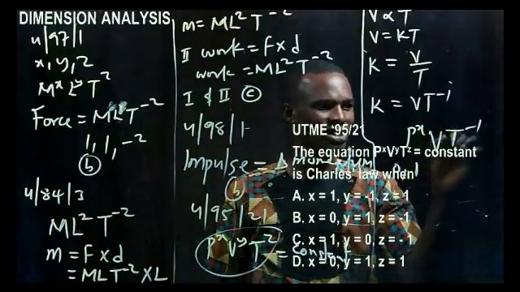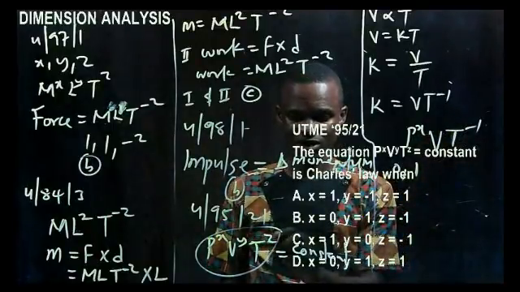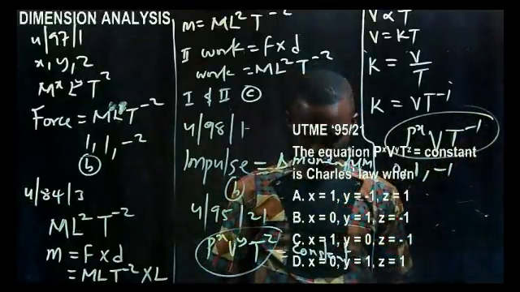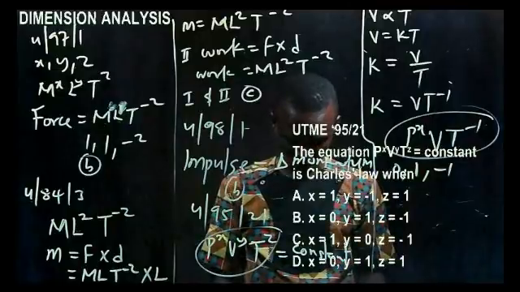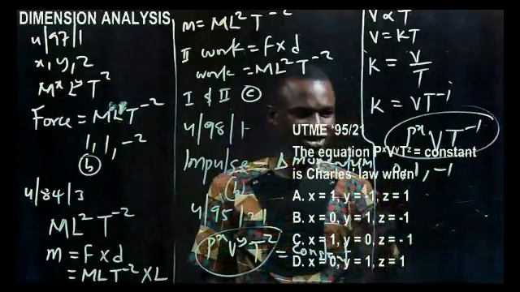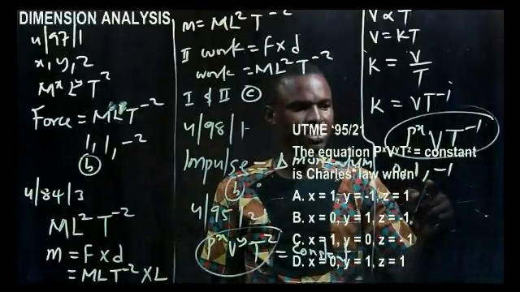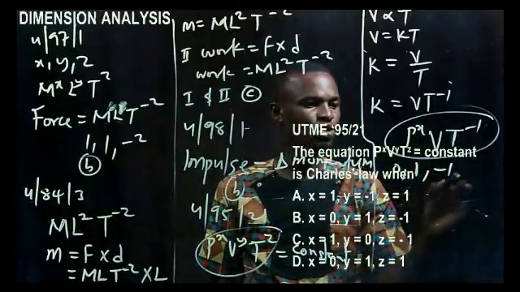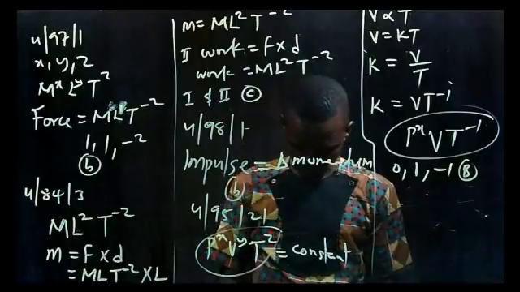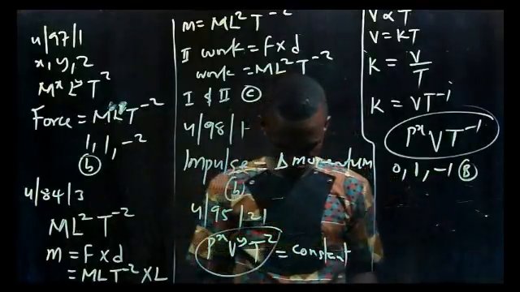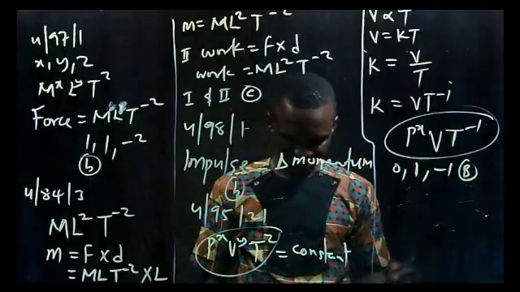Then your T, in this given expression it is z, and that represents -1 in our derived solution. So the correct option is x equals 0, y equals 1, and z equals -1. That's option B.